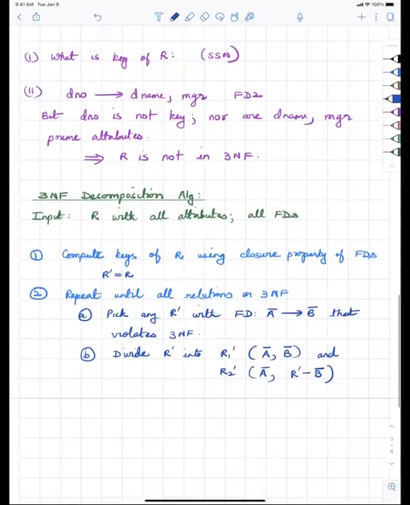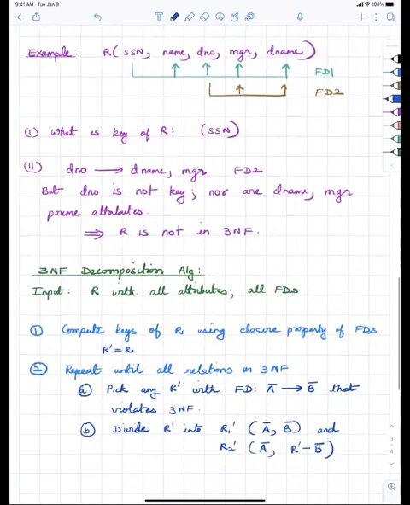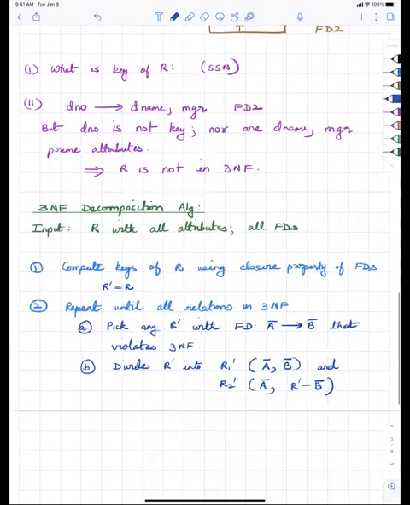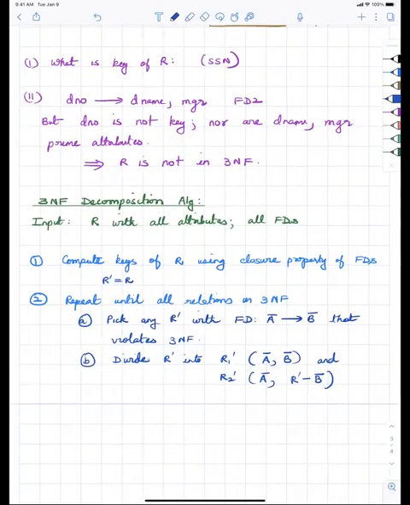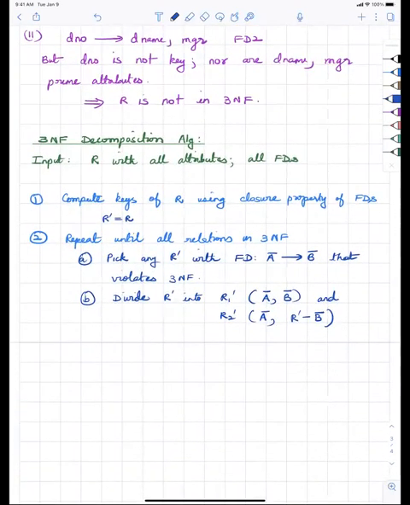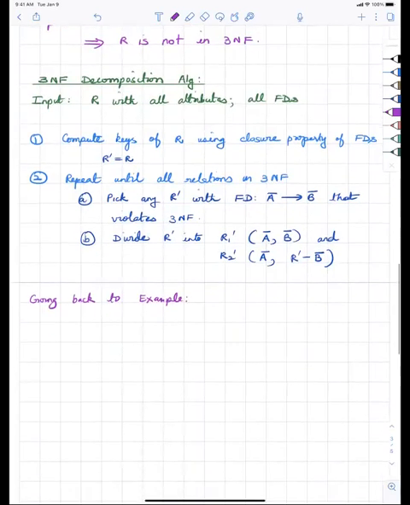So let's just go back to that earlier example. This example where we have D number, that is FD2 that is violating the third normal form. So what we do for this example: we had FD2 that was violating, right?